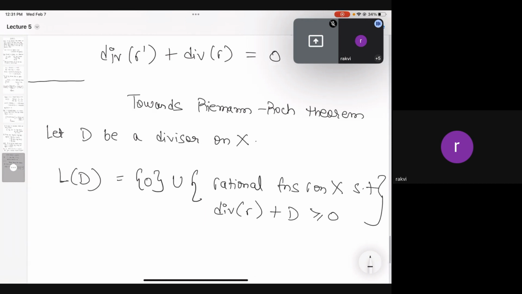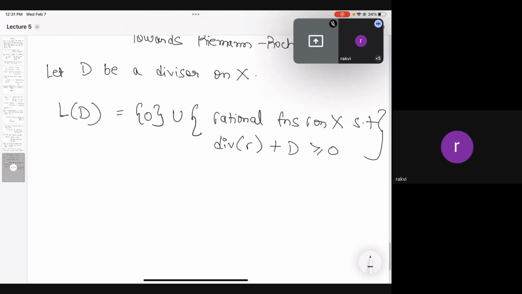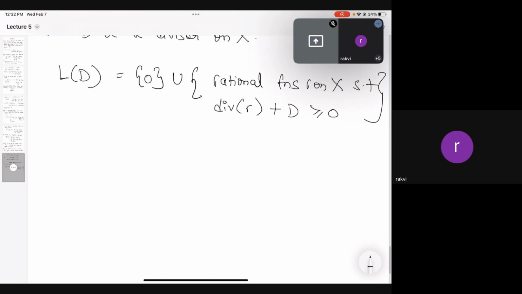What I mean by this is that when I look at this divisor, D plus divisor of R, all the coefficients should be non-negative. So in terms of zeros and poles, D cannot have poles worse than what R already has. So that's another way to think of this.